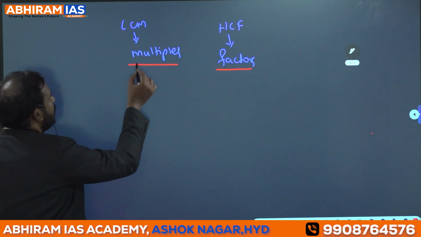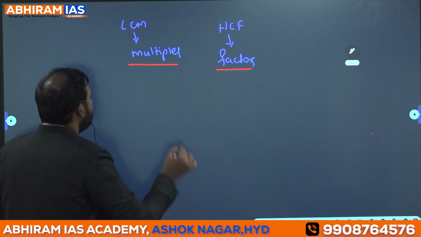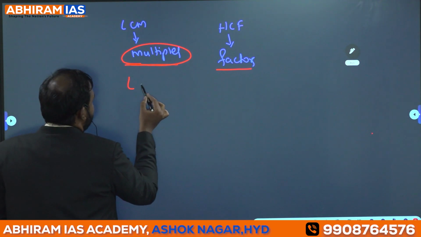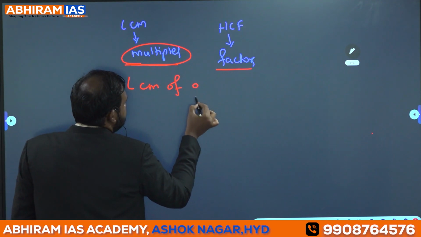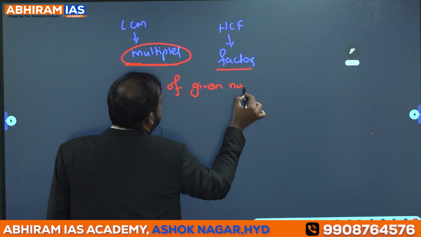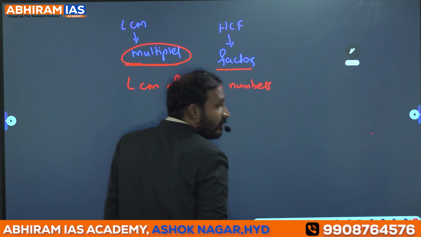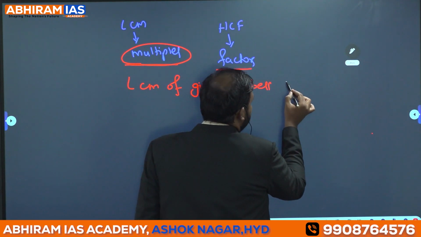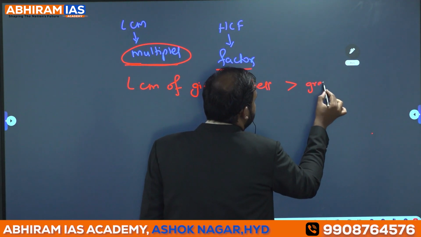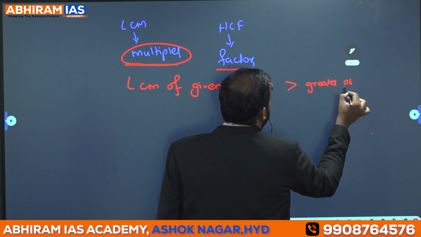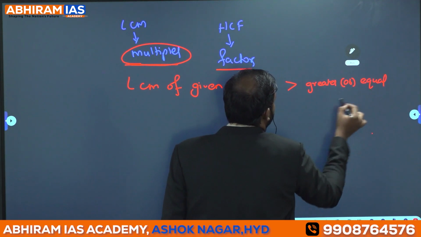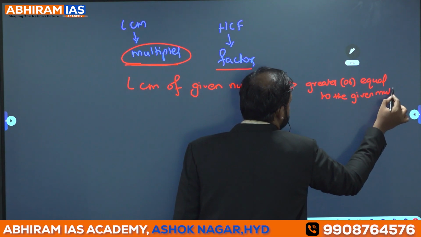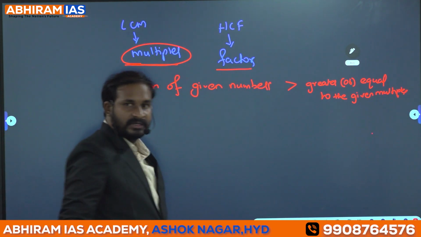Now if you observe carefully, LCM of given numbers will be always greater than or equal to the given numbers. Why? Because multiples will start from the number itself and we will have infinite multiples.